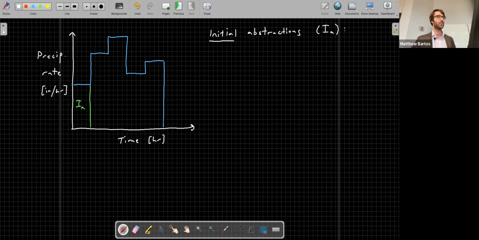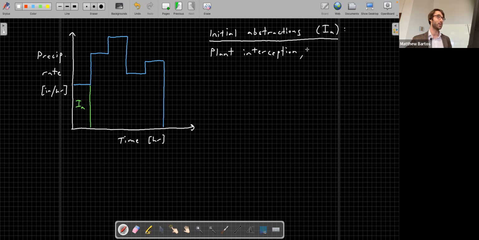This consists of a couple different things. Does anyone remember some of the things I mentioned for initial abstractions earlier on in the class? Yes? Vegetation? Yeah, interception by vegetation. So I'll write out the different types of initial abstractions. We have plant interception.